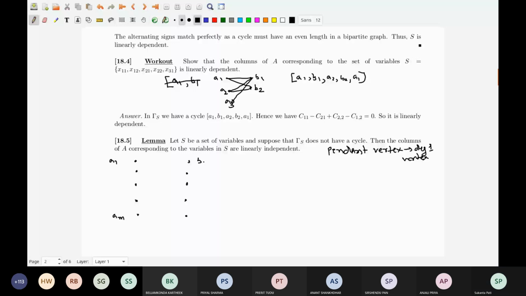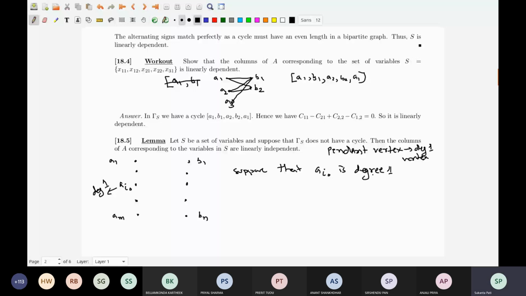Suppose that I found A i0 has degree 1, that is, it is pendant in gamma S.